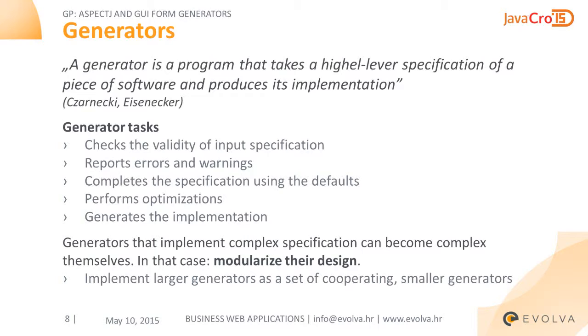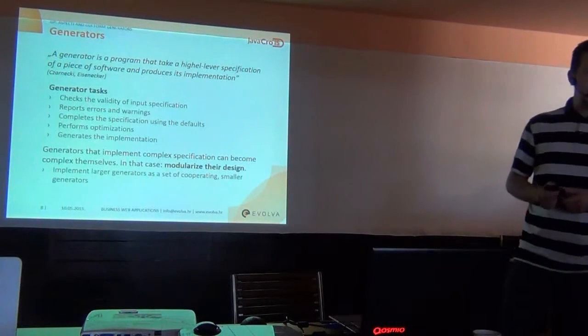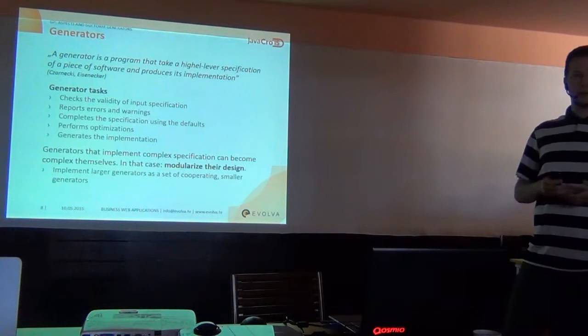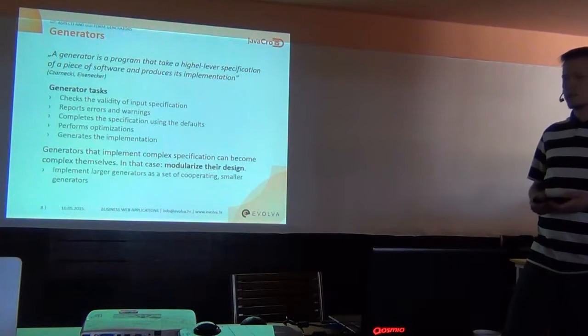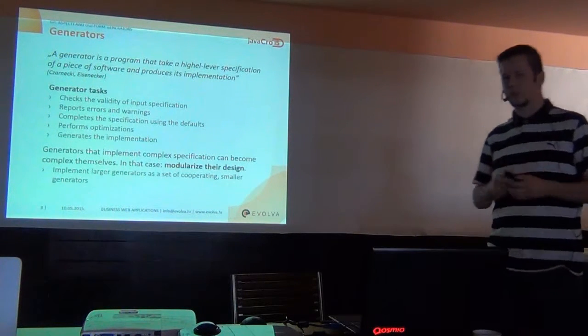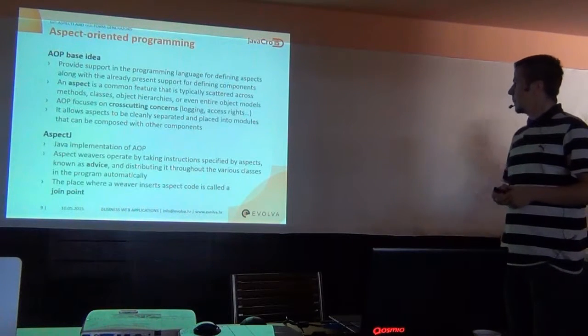It should use the default values if not otherwise specified, it should perform some kind of optimizations, and of course at the end generate a concrete software implementation. The development of generators is quite expensive, and it can also become quite complex. So when we build generators, if we have a complex case, we should modularize their design. That just means we implement a set of smaller generators that work together, and a base generator that connects them.